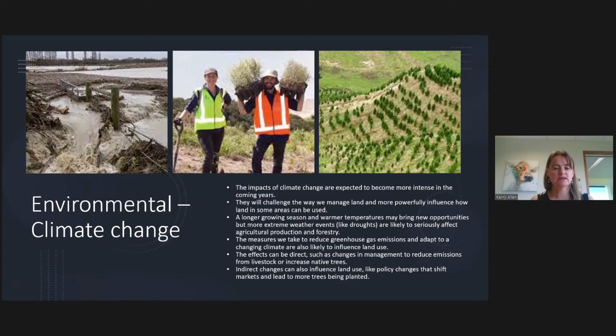We also need to be thinking about mitigating our greenhouse gas emissions. So these things might play a part and have some land use change if we are trying to solve some of these problems. And we're already trying to solve some of it by planting more trees. And I'll talk a bit later about the $1 billion tree project. But this has come in here trying in an indirect way to reduce climate change.